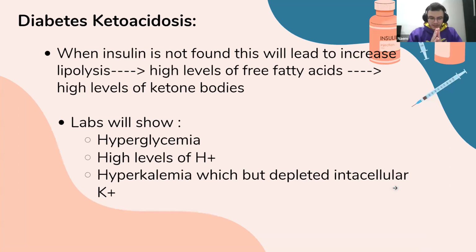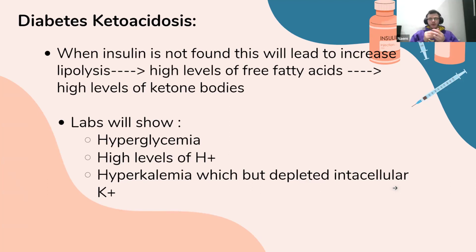Now, this is something that I need you to know. It's not explained well in this lecture, so I'm pretty sure that was not the purpose of the lecture, but this is a fact that you need to know. Potassium needs insulin to enter inside the cell, and insulin needs potassium. So they need each other to enter the cell.